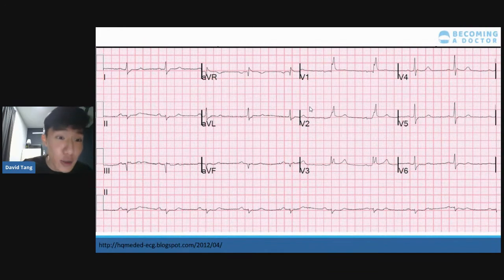But I would tell you what gastrointestinal pathology would affect your ECG, and that would be a hiatal hernia. For those of you who have not heard of hiatal hernia, your diaphragm is meant to be a sheet of muscle, and you have several holes through which important structures pass, such as your aorta, your vena cava, and your esophagus.